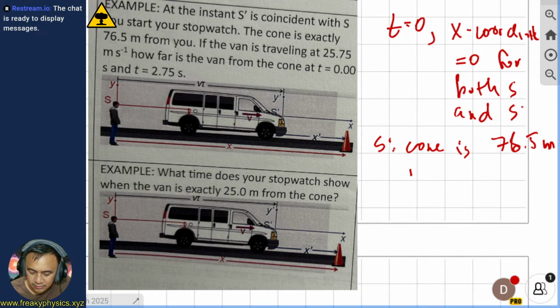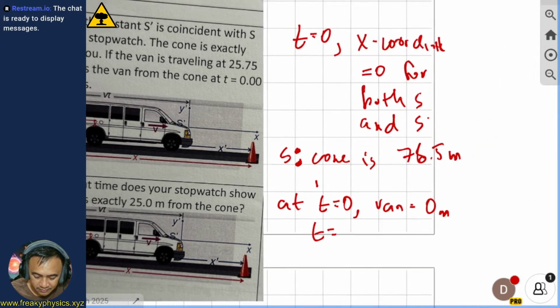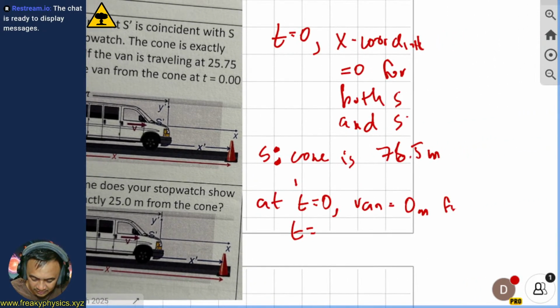Let's take a look first from S's point of view, from S's reference frame. At t equals 0, the van, we'll just call it van first, is 0 meters away from the observer, or we could just say from the starting point. So the van and the observer are in the same line at t equals 0.